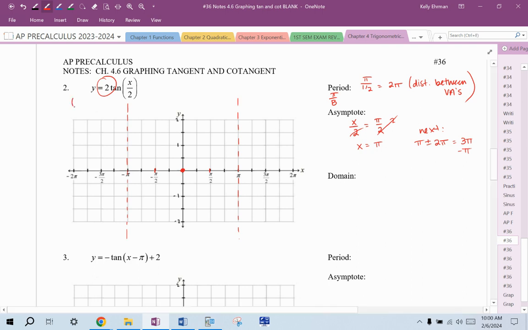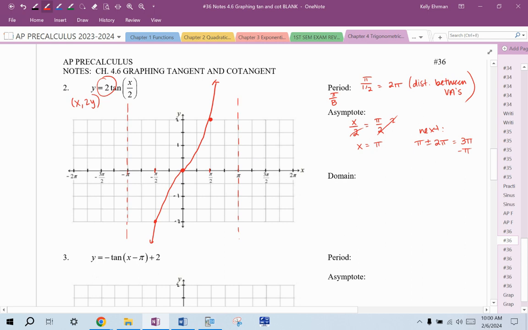But remember, that multiplies y values by that number. So where the tangent graph is normally equal to 1, it's going to equal 2. And where it's normally equal to -1 on the left, it's going to equal -2. So this graph has been dilated vertically by a factor of 2, and dilated horizontally by a factor of 2.